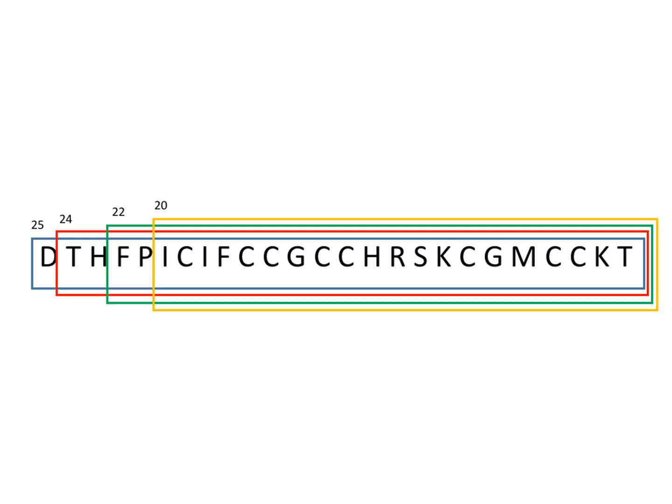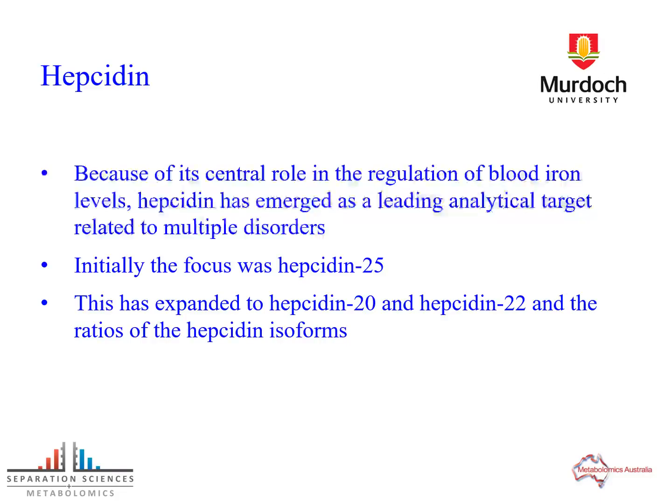Early on, hepcidin 24 was used as an internal standard, and it was entirely of synthetic origin. Because of its central role in iron regulation, hepcidin emerged as a leading analytical target related to multiple disorders.